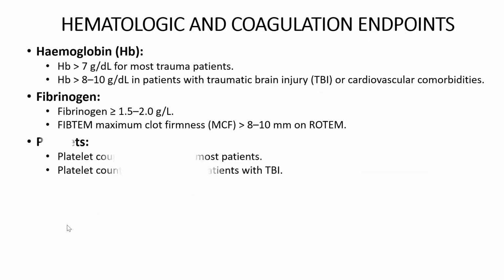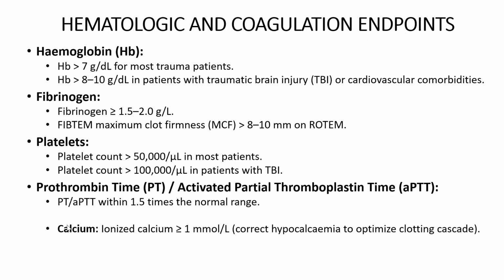Hemoglobin, roughly more than 7 grams per deciliter, is the cutoff for most trauma patients. In traumatic brain injury with cardiovascular comorbidities, roughly a higher target of between 8 to 10 is what is recommended as the transfusion endpoint or the transfusion trigger. If it drops below that, probably better to give them, because these patients are at a higher risk for developing cardiovascular events. Fibrinogen, roughly around 1.5 to 2 grams per liter is the target.